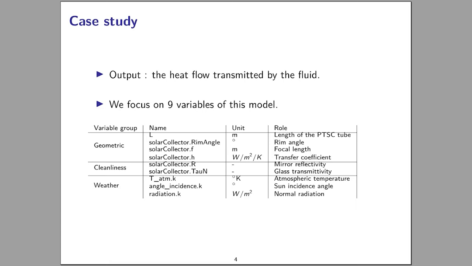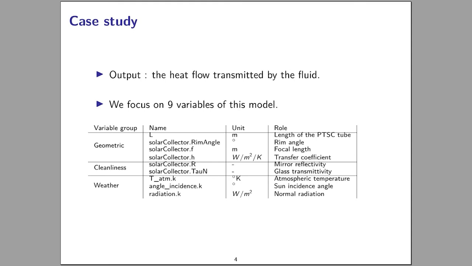First, the geometric variables, which correspond to characteristics of the solar collector and the oil pipe. There is, for instance, the length of the tube, the angle of the mirrors that more or less wrap the tube, the focal length of the mirror, and the transfer coefficient of the mirror to the pipe.